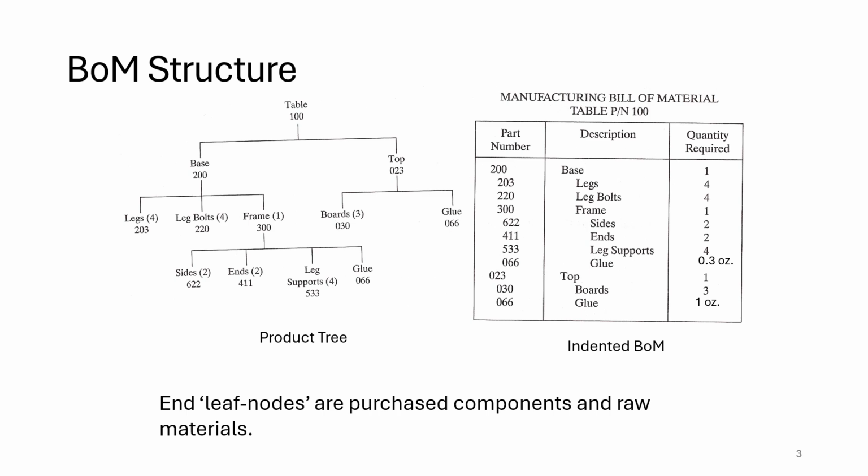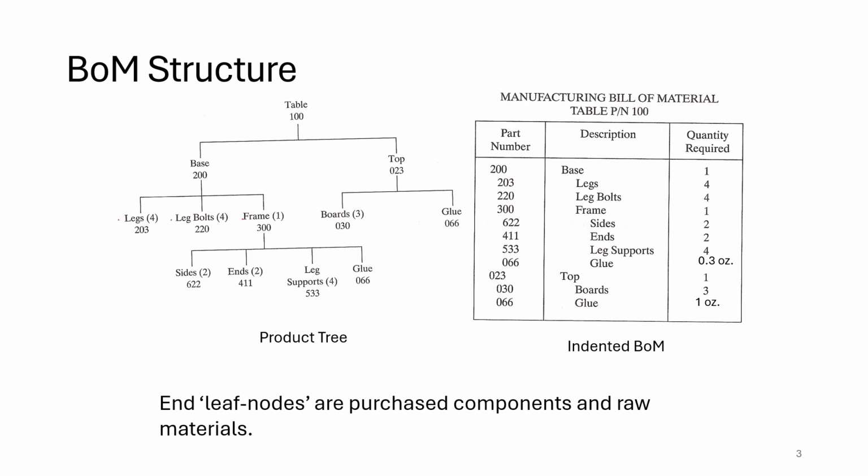Out of these three components, the legs and the leg bolts are parts, and the frame is another subassembly, which is in turn made up of four different parts, which are the sides, the ends, the leg supports, and glue. Similarly, the other subassembly required to make the table is the top, and the top is in turn made up of two different parts, the boards and the glue.